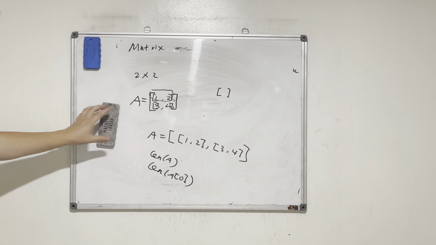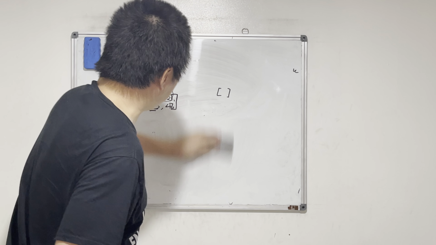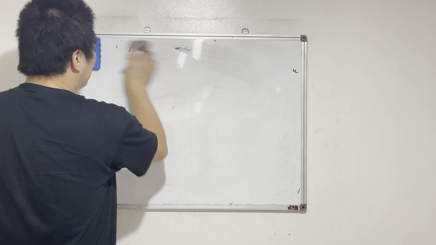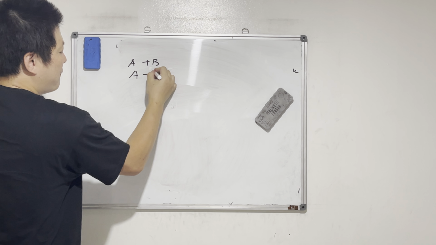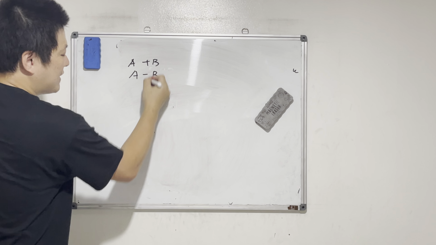In mathematics, we can add 2 matrices, A plus B, or A minus B, if they're the same size, the same dimension, which means both matrices have the same number of rows and the same number of columns.